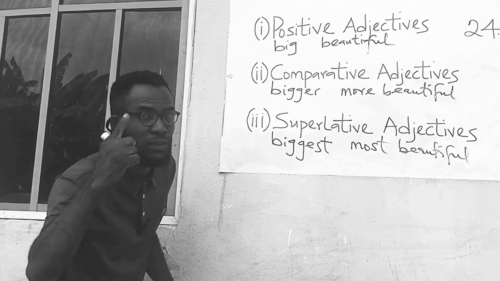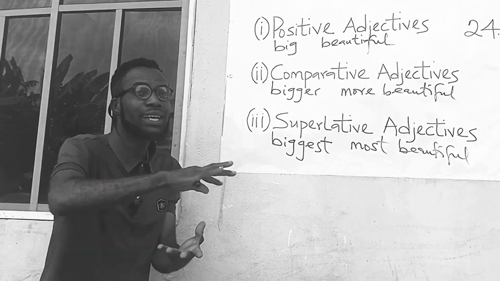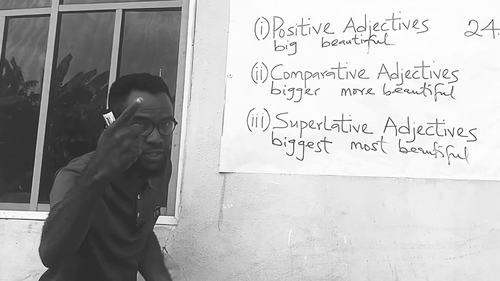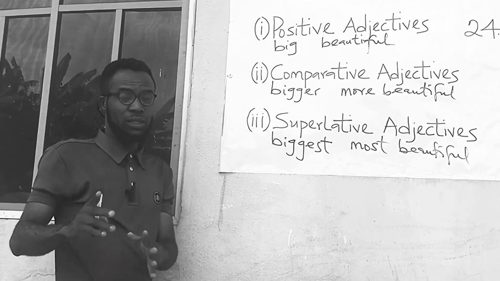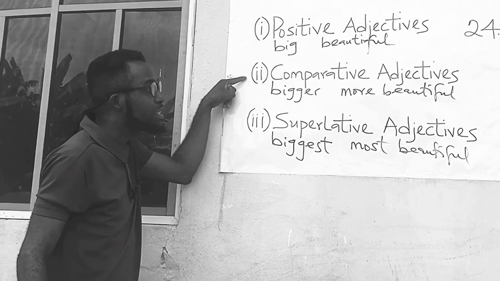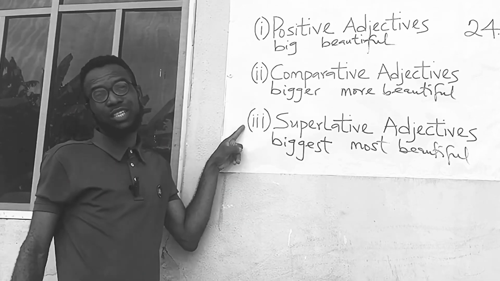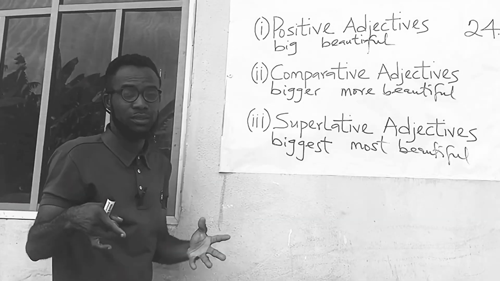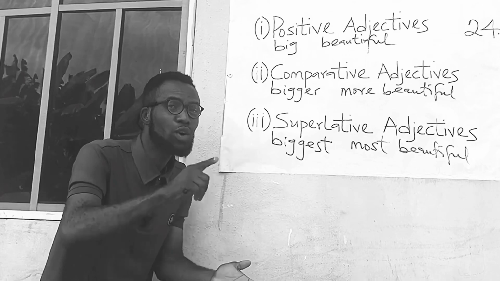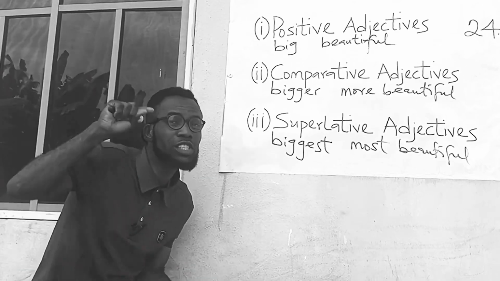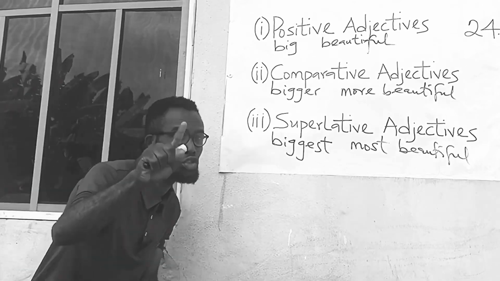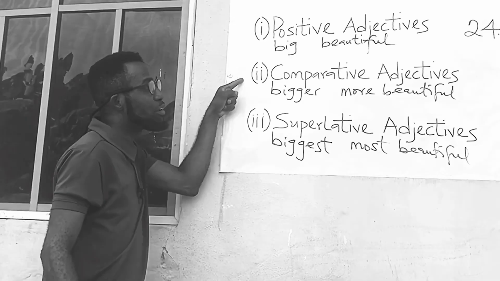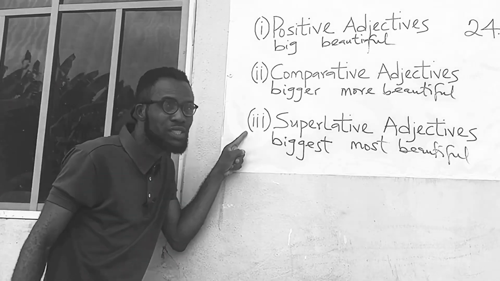Please note that questions on categories of adjectives usually demand that we choose between comparative and superlative adjectives. Whenever you are faced with a question under categories of adjectives, the question will usually want you to choose between comparative and superlative adjectives.